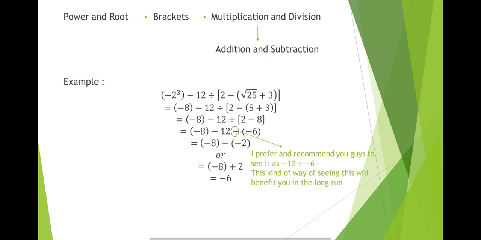Notice here there is a round bracket and a box bracket, right? The round bracket is always inside the box bracket, so you have to do the round bracket first. So 5 plus 3 first, and then 8. And then you deal with the box bracket, 2 minus 8.